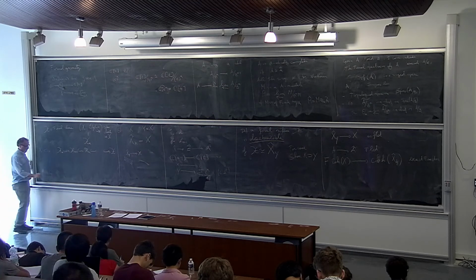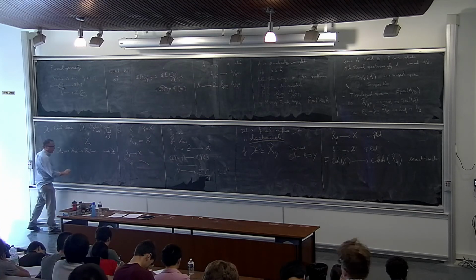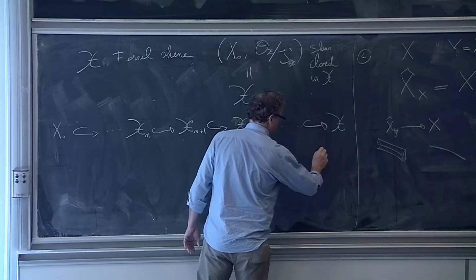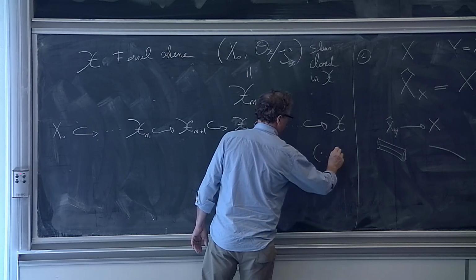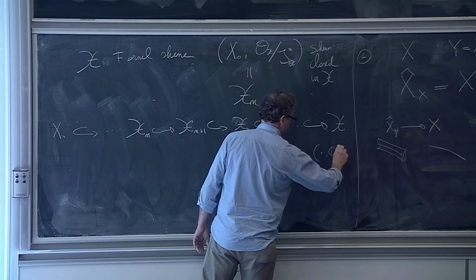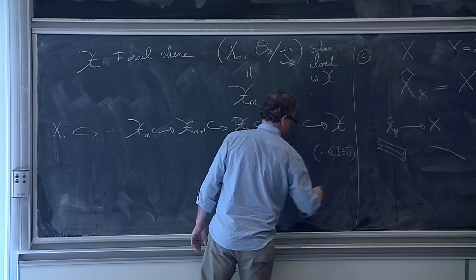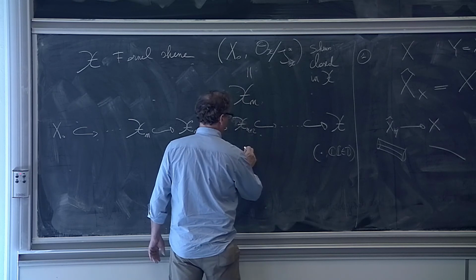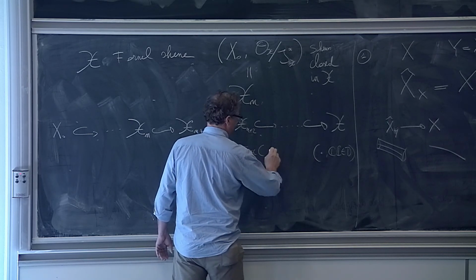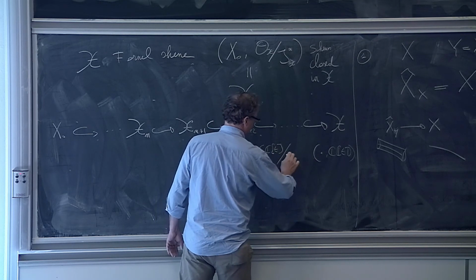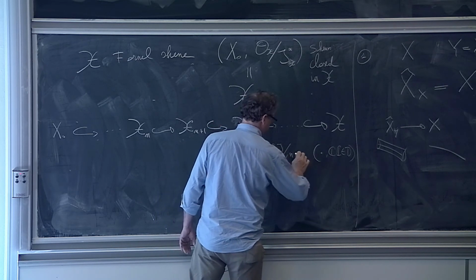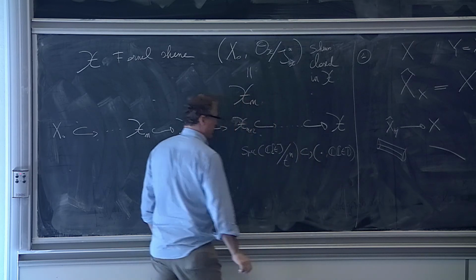Just to remember the example, you will have the point, and C[[t]], and then you have Spec of C[t] divided by t to the power n, which is inside here.